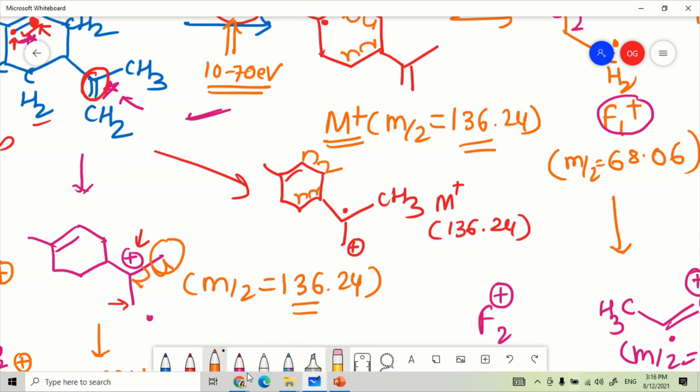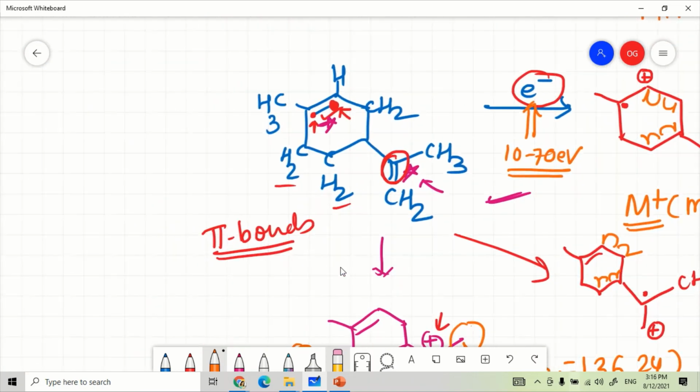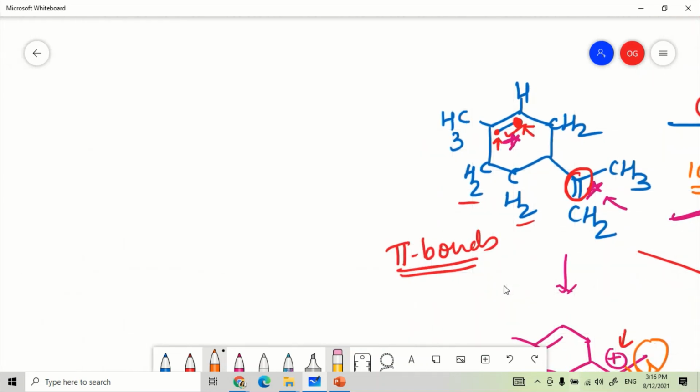So basically what I am trying to explain here is, in case of mass spectrometry, whatever fragment ions you have seen, only ions are getting detected. Whatever fragment ions and molecular ions are formed, they have their own m by z value.